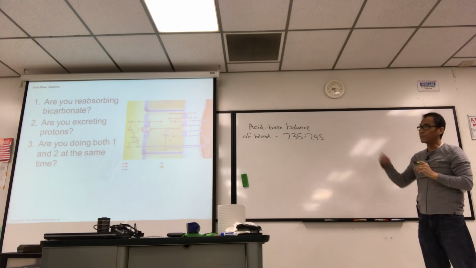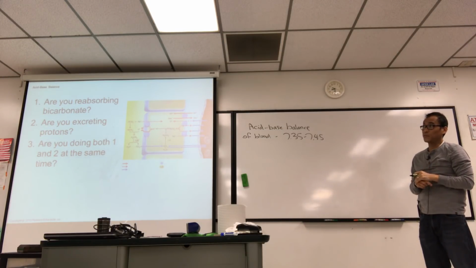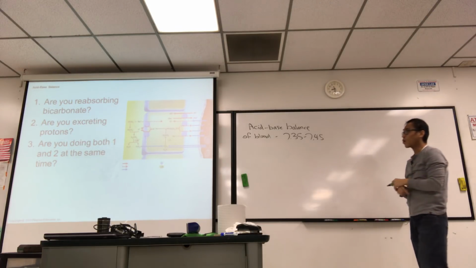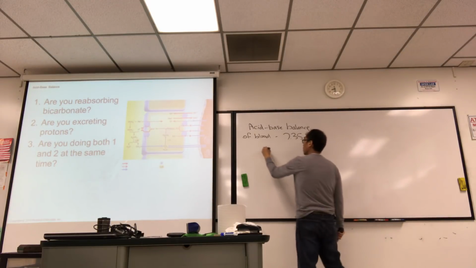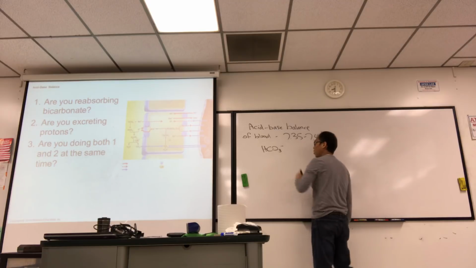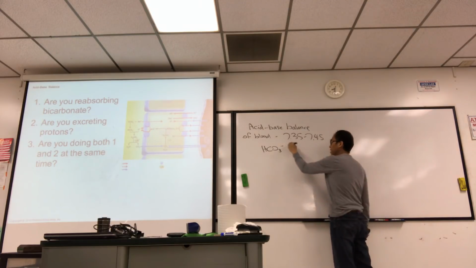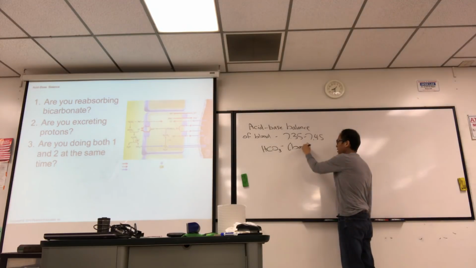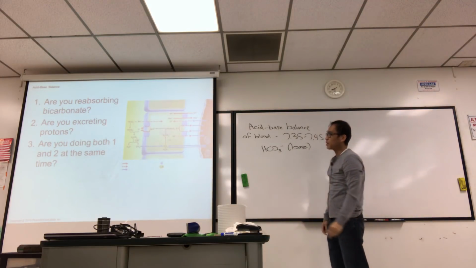And the kidneys can help because you can actually reabsorb or excrete different things. For example, I say, are you reabsorbing bicarbonate? That's bicarbonate. Always remember that. That's our base. And the second thing I say, are you excreting protons?